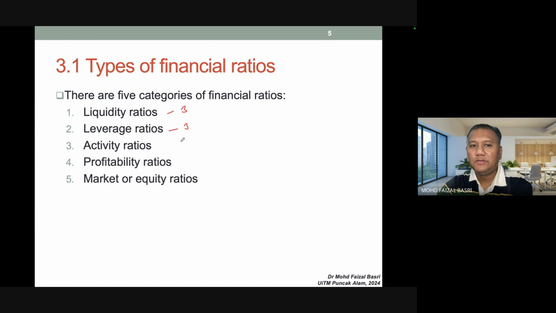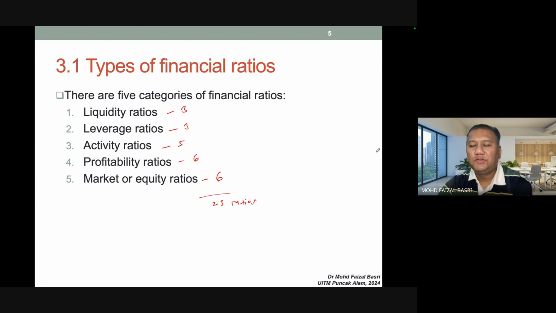Then for activity, we have 5 activity ratios. Then we have 6 profitability, and we also have 6 market ratios: 12, 17, 20. So in total, we have 23 ratios.